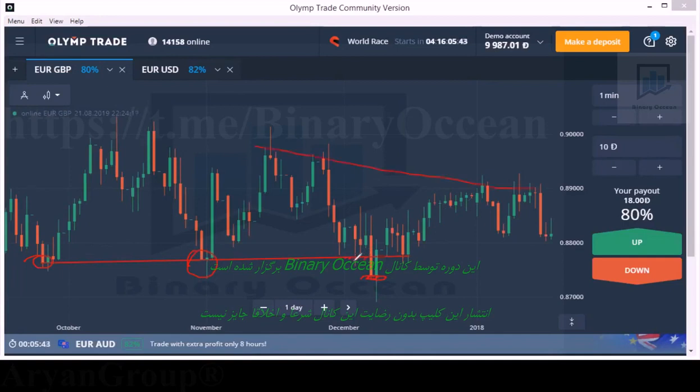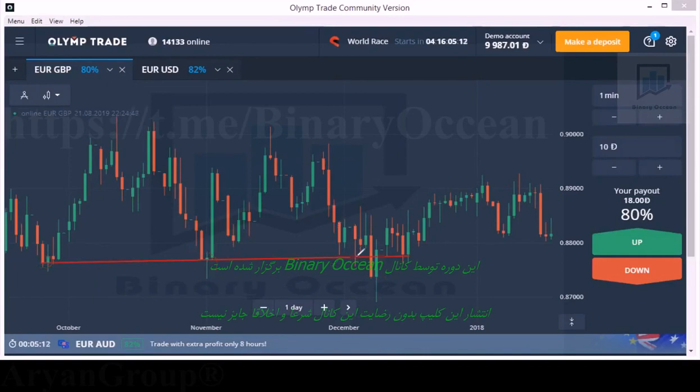But after this candle, again we are seeing a seller's entry. It means that even with strong buying pressure, the market may easily break this level. So it's better to exit immediately after this entry point. You can enter here at this level directly, but if you see this candle, it's better to exit from the market.